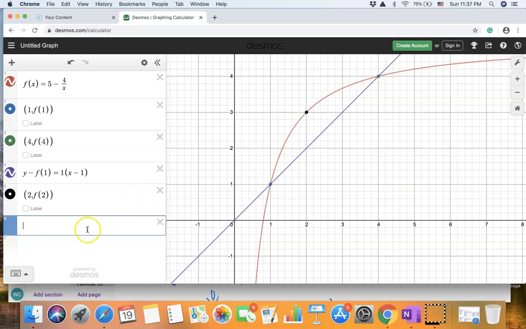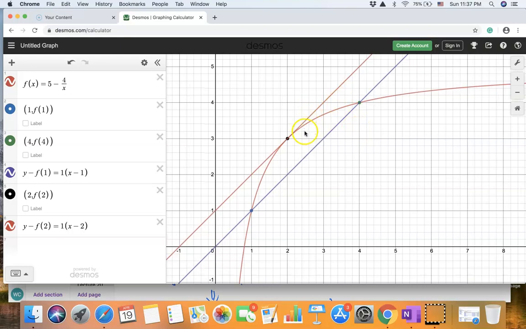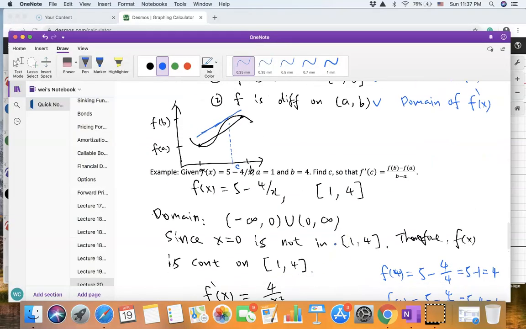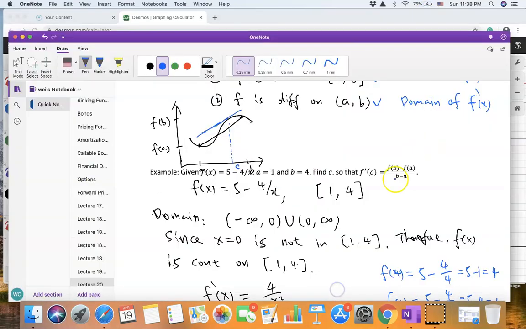So at this point, y minus f of 2 equals the slope, which is 1, times x minus 2. You see, because these two straight lines are parallel, they have the same slope. So that's why the derivative at this point, when x equals 2, f prime of 2 equals the slope of this second line, which is given by this formula.